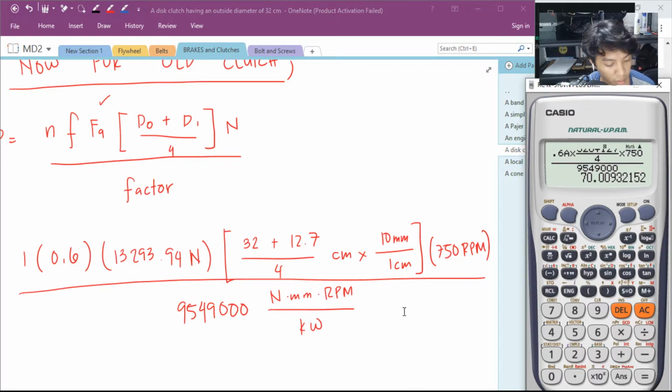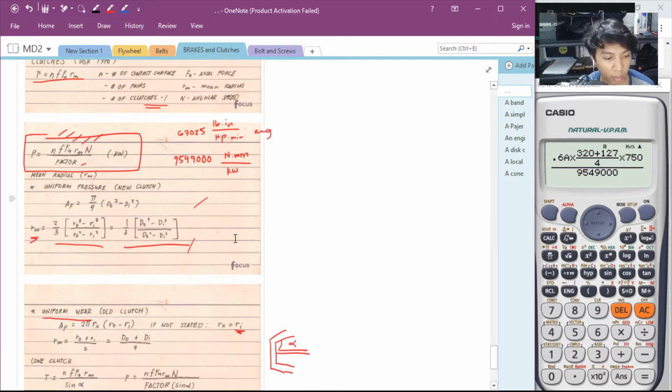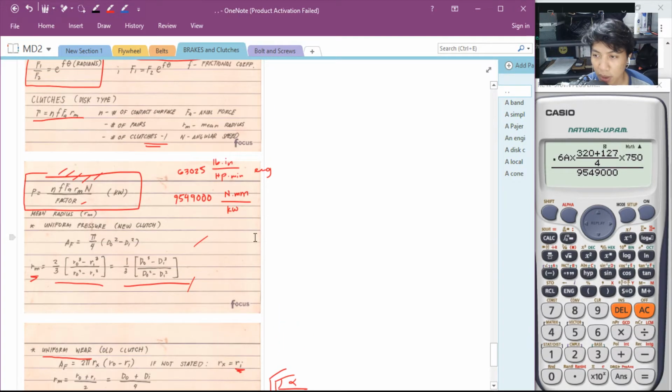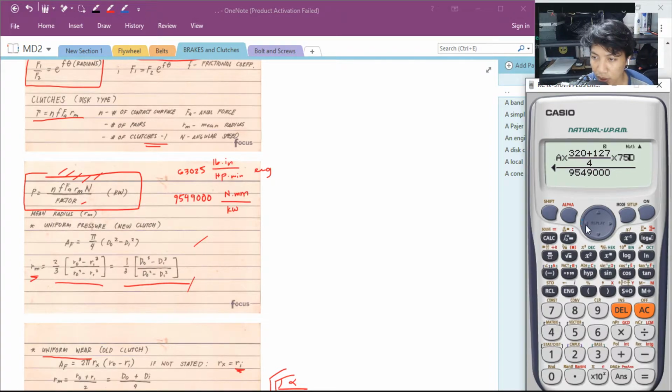Bakit ganun? 320 plus 127. Dapat to minus. Hindi ako nagkakamali. Tama ba? Plus nga. Plus. Divide by 4.6. 750, 9549. Nangyari dun sa pinindot ko.